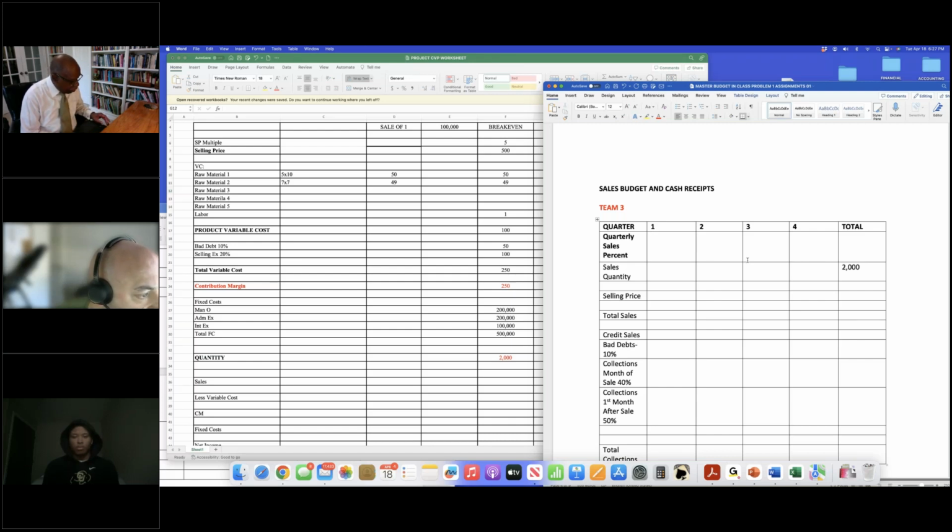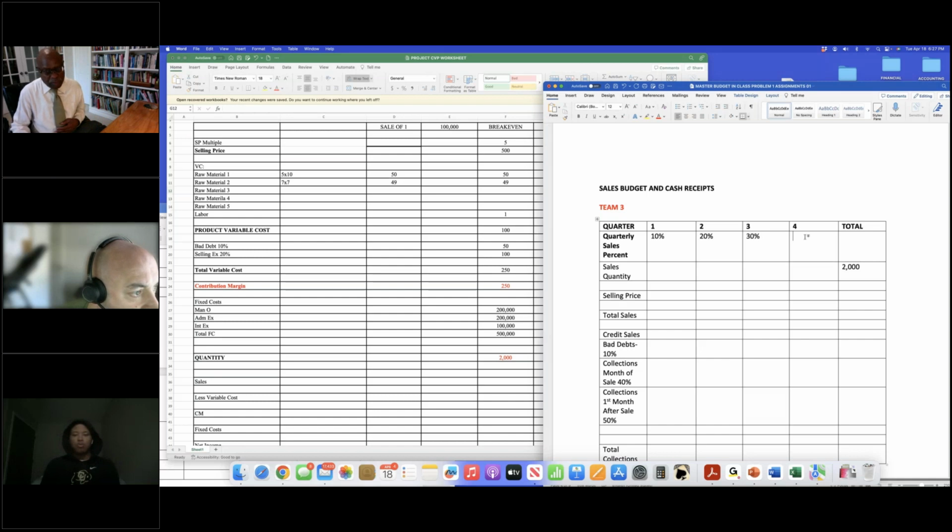What are we selling the second quarter? 20%. What are we selling the third quarter? 30. It goes up each quarter. What are we selling the fourth quarter? 40%.